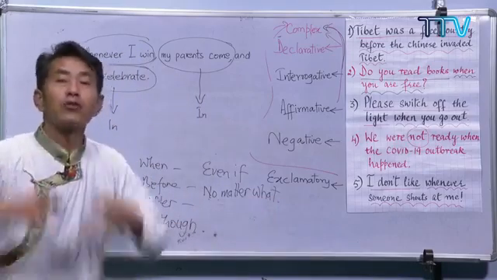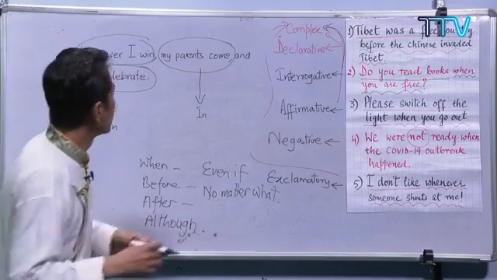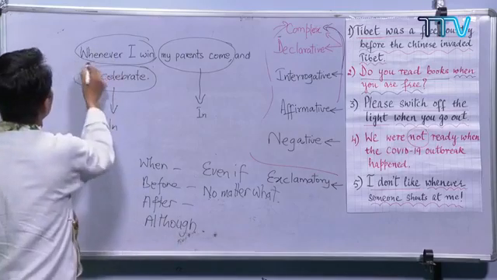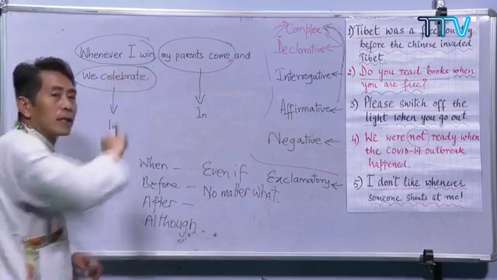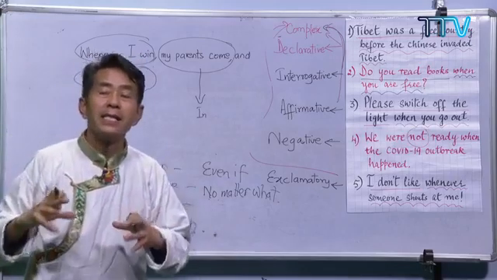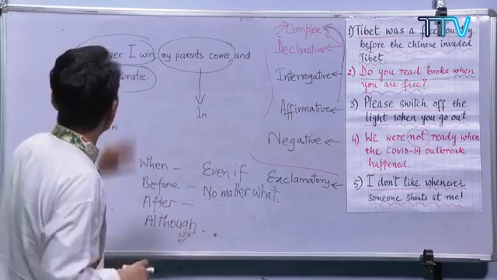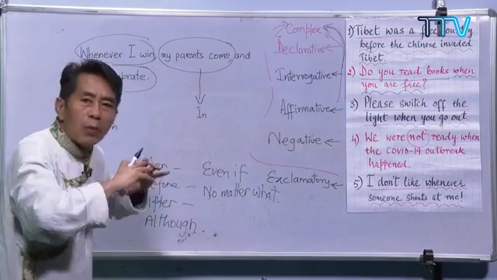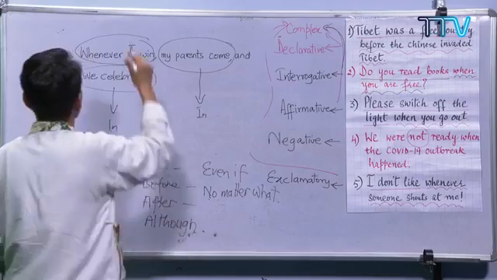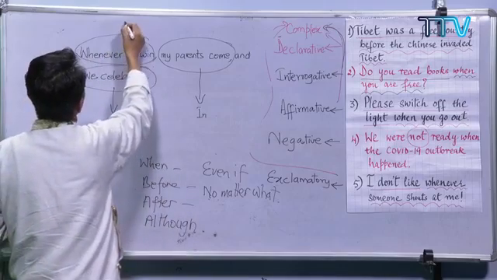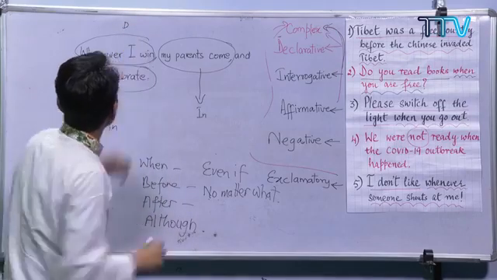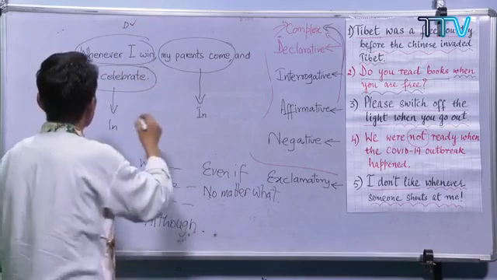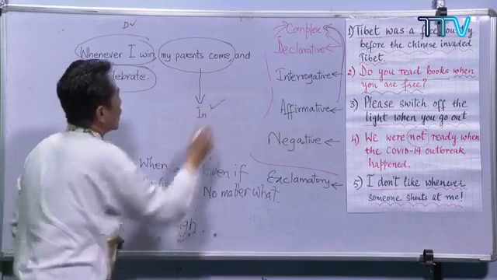It has to depend on the other clause to make complete sense. So look at this: whenever I win, it does not make complete sense. This is dependent. Now if you look at this sentence, how many clauses are there? What type of clauses are there in this particular sentence? Whenever is dependent. So there is one dependent clause and two independent clauses.